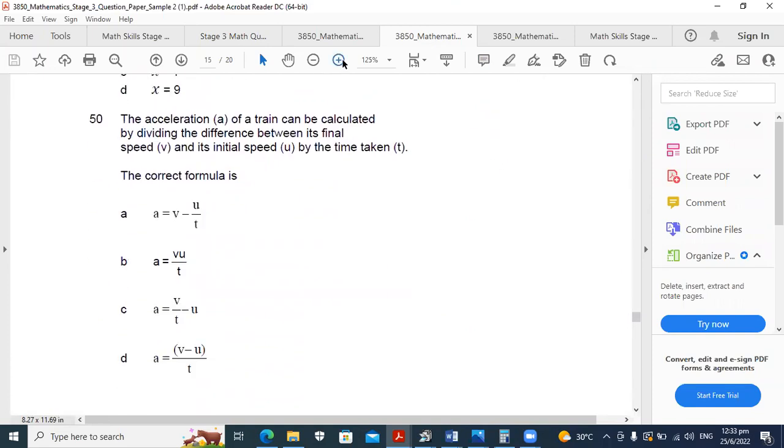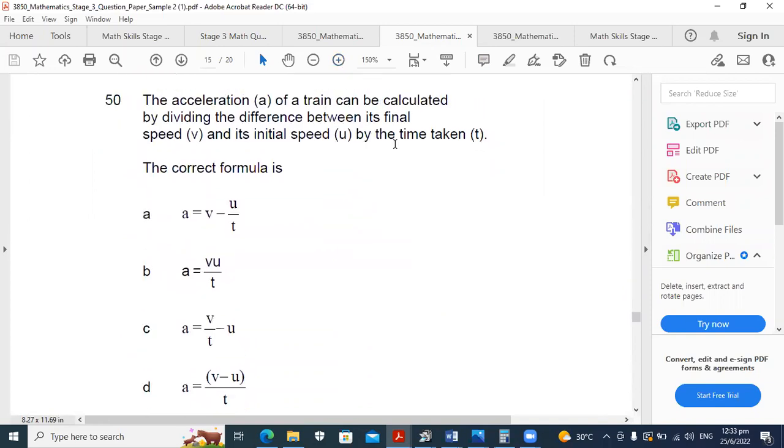All right, look at this question here. Tell me what you think the answer is. Read very, very carefully.